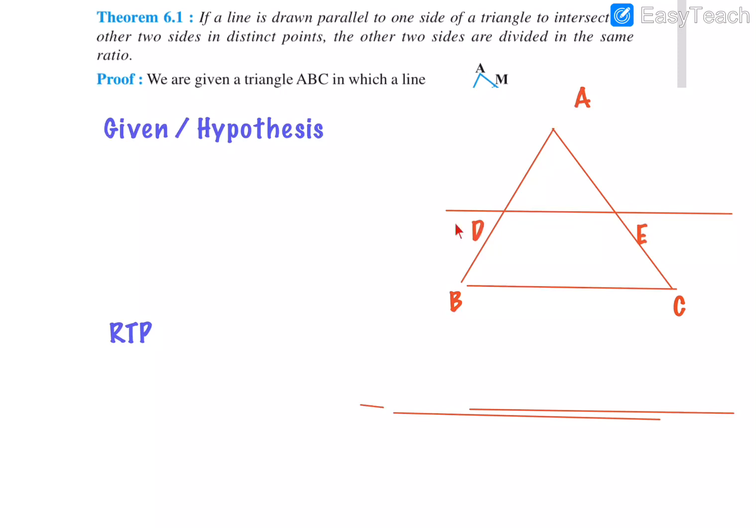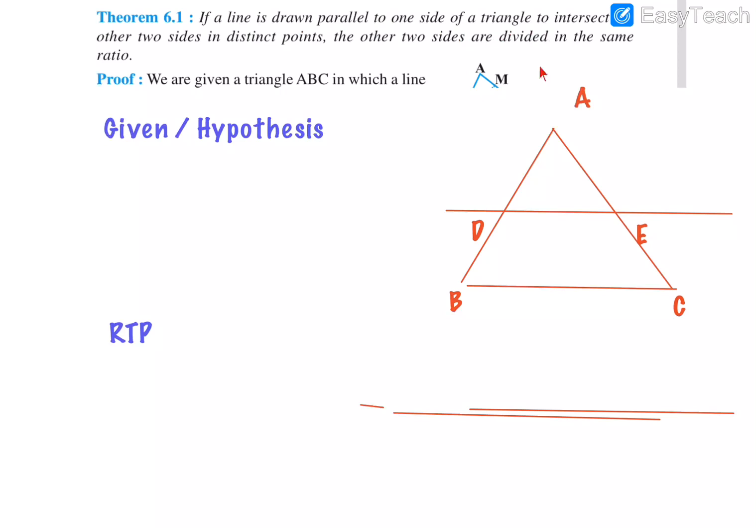D and E. Once again, if a line is drawn parallel to one side of a triangle, we took a triangle and named it ABC. A line is drawn parallel to one side, BC, and that should intersect the other two sides at two different points, D and E. Up to here, two distinct points, it's okay. The other two sides are divided in the same ratio.